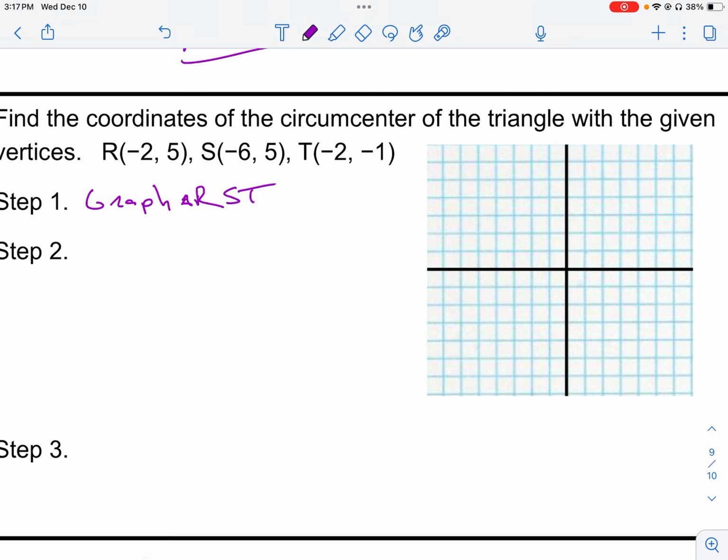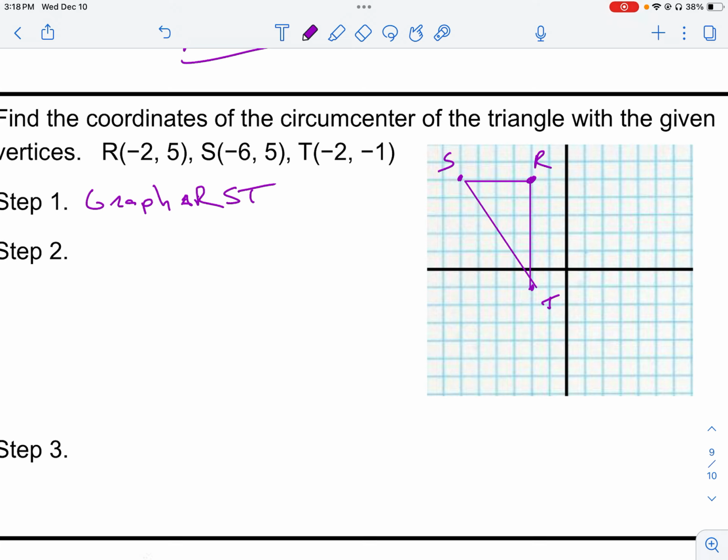So we go -2, 5, 1. Then we go -6, 5. There's our S. And then -2, -1 is our T. So we'll plot this in here, like so.